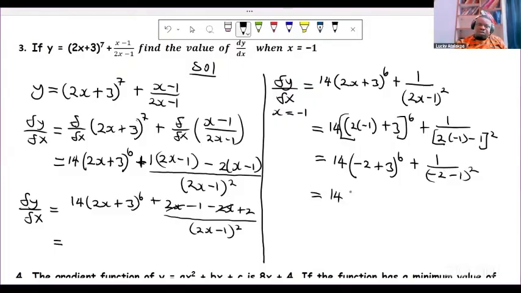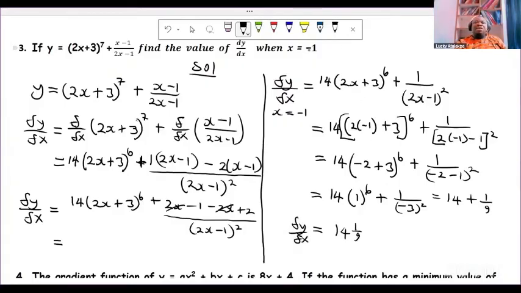This is as good as saying 3 minus 2, which is 1, to the power of 6, and minus 2 minus 1 is minus 3 to the power of 2. 1 to the power of 6 is still 1, so this is 14 plus, if you square minus 3, you get 9. So dy/dx is 14 plus 1/9. That's our dy/dx at x equals negative 1.